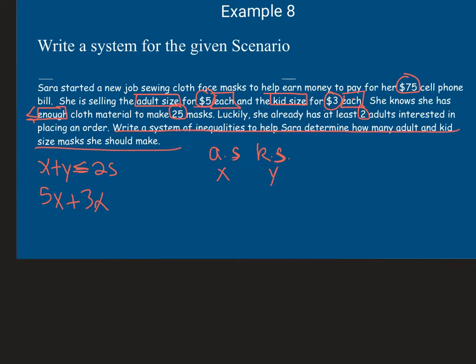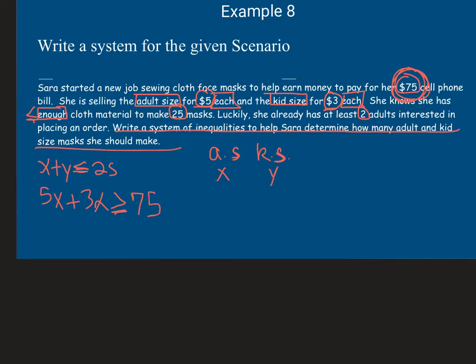Since this has to do with money, we're going to combine it with the $75. Now, if her cell phone bill costs $75, we know that she has to make at the least $75. She cannot make $70 because that means she's still going to owe for her cell phone bill. So she needs to make at the least $75, which would be greater than or equal to 75.